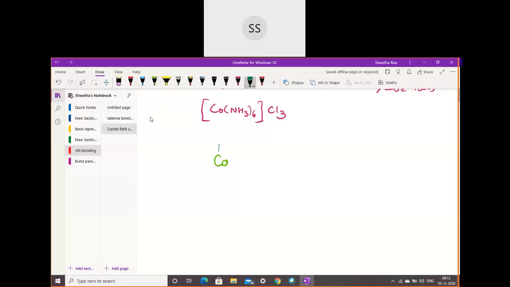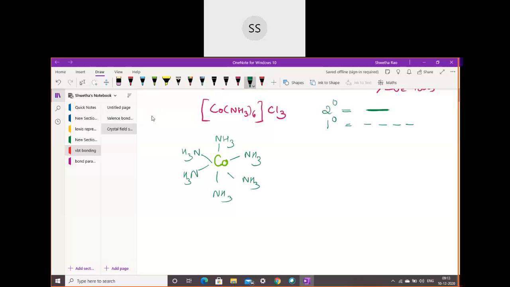Those 6 ammonia ligands you draw with a definite geometry. If it is 6 ligands, then the geometry they should have is octahedral, correct? So we will draw the octahedral geometry for it, and I will write NH3 here. So this is how the geometry will come.